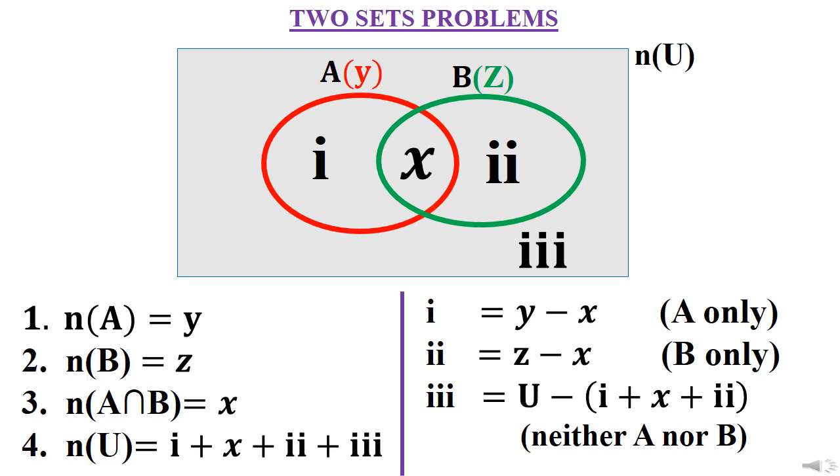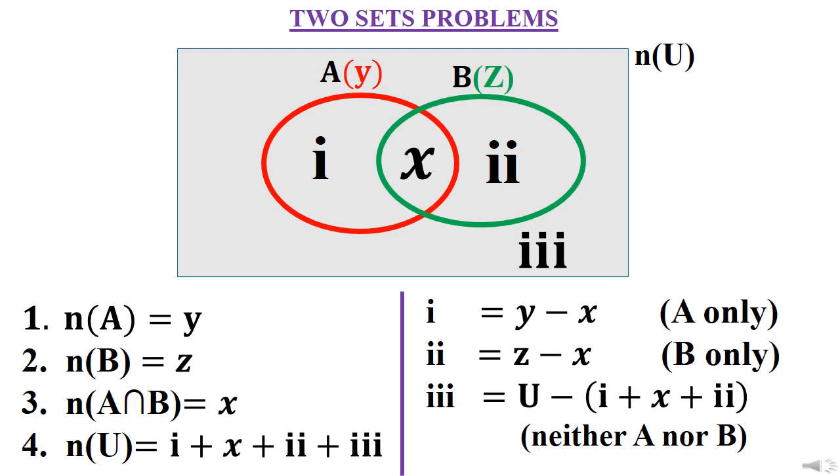Now let's come to the meanings of the numbers in Roman numerals. That's I, II, and III. Now the portion that has been shown by I means only A, members that belong to only A, which can be only agric students, only accounting students, and so forth.